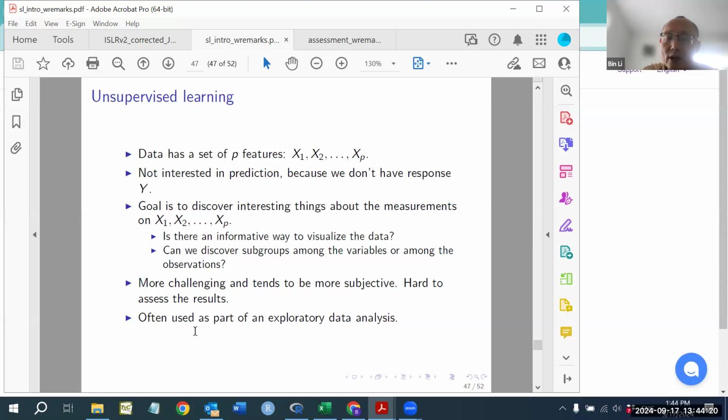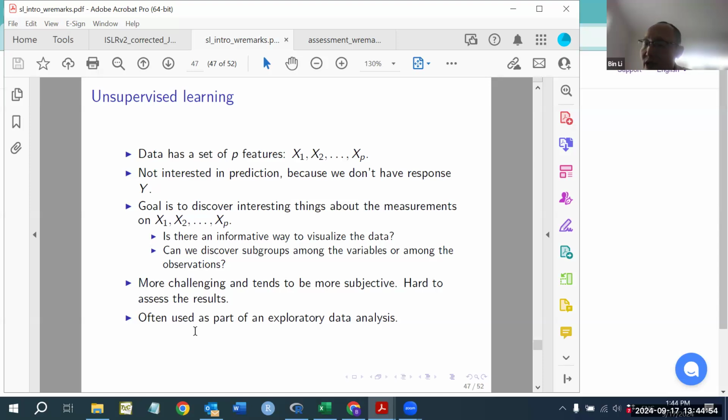For example, is there an informative way to visualize the data? For some high dimensional data, can we find some clustering structures, like some meaningful subgroups in the data set? These are the questions which we are very interested in, and we would like to use unsupervised learning to answer them.